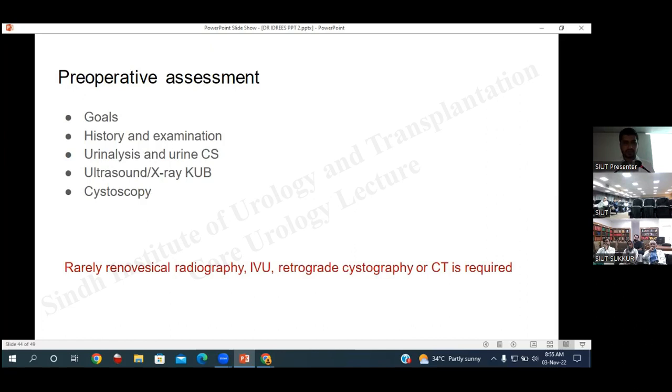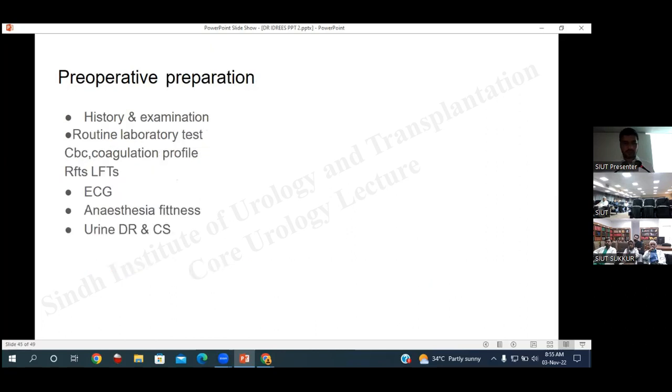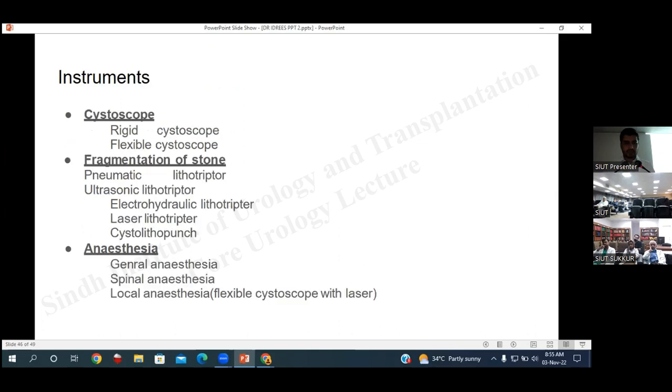Preoperative assessment includes history, examination, and investigations: ultrasound, X-ray KUB, and cystoscopy. Rarely, a renovesical radiograph, IVU, retrograde cystography, or CT scan is required. After that, we decide on anesthesia fitness, and an ECG is done.